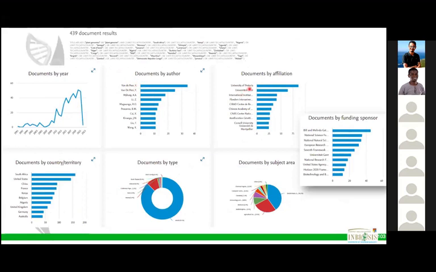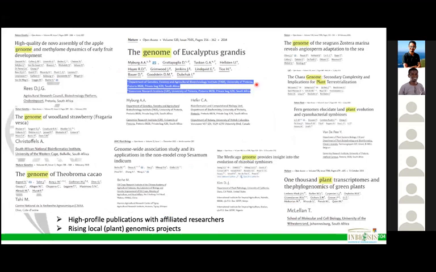And the University of Pretoria, I think the previous speaker is also from the same university, is also reputable in the genomic field. So quite some high-profile publications, but mostly from affiliated researchers instead. But there are some rising local plant genomic projects, like this Eucalyptus grandis by local African scientists themselves.